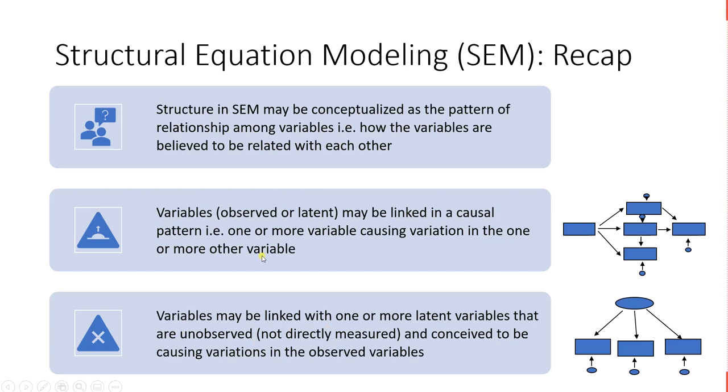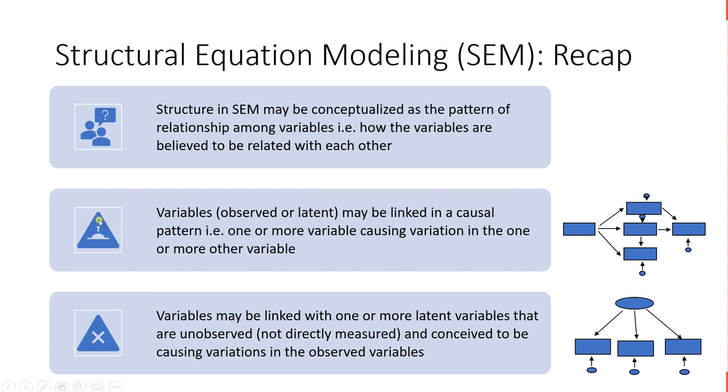Now, in the previous lecture, I explained that the variables may be observed or directly measured variables, or those variables may not be directly measured, but they are like factors which are reflected by some observed variables, and they are called latent variables.